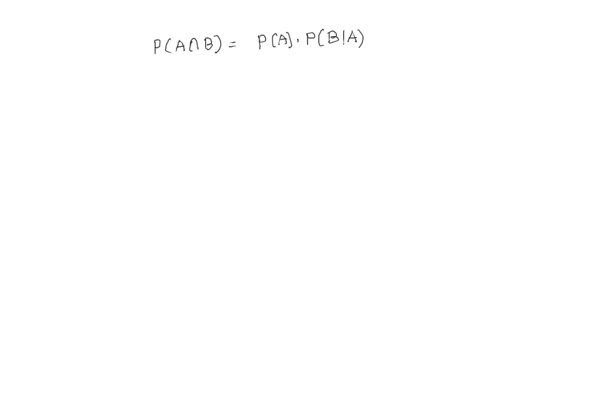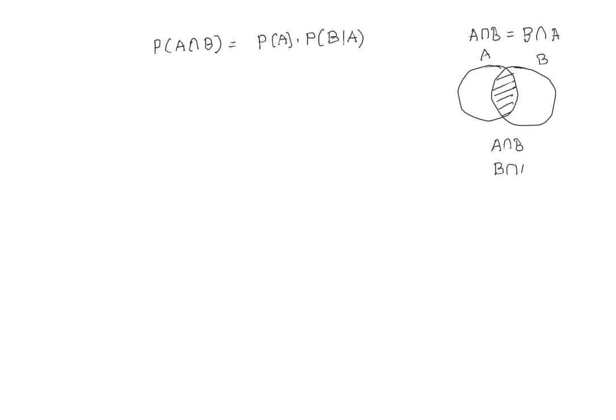But remember, A intersection B is the same as B intersection A, correct? So think of two events, this is your A and B. A intersection B is this region, the overlapping region. But this is, by the way, the same thing as B intersection A, right? So order really doesn't matter.